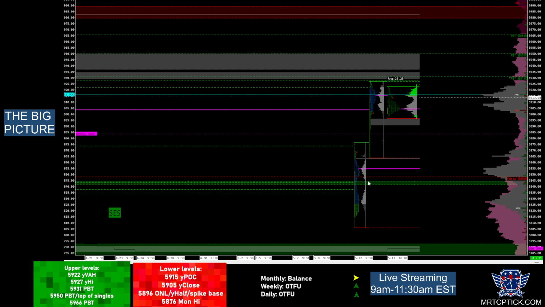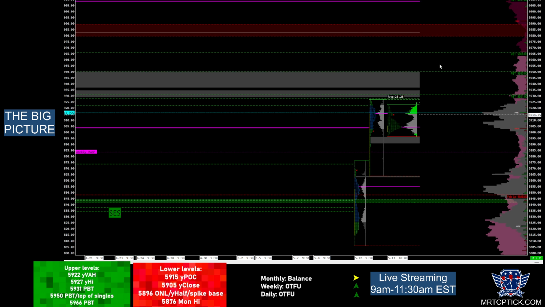So if we get here, look for support and a bounce, and if we get below this low volume area, look for a move down to this 58.25-ish area. And then again, above this target that I mentioned earlier, the ultimate resistance for this move for today would be here, 59.80.